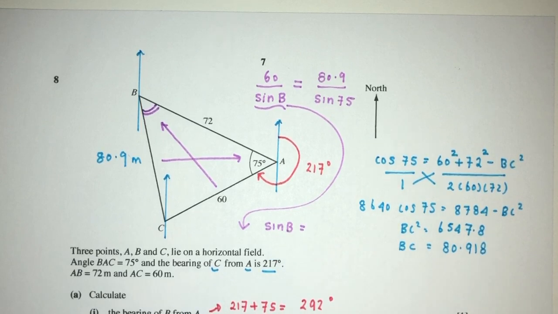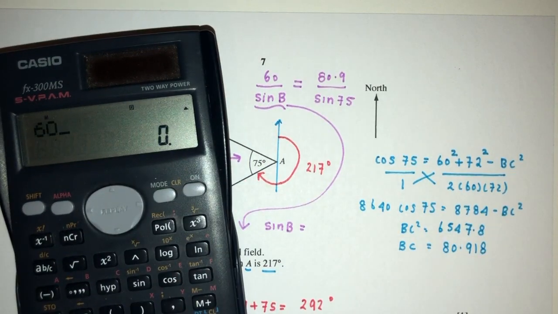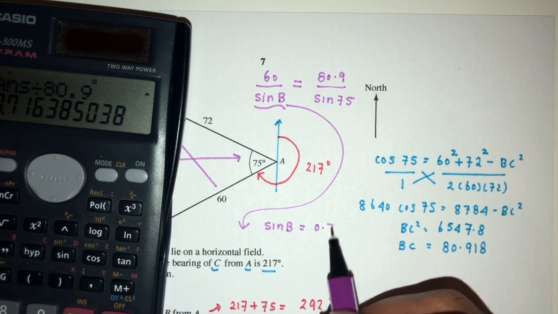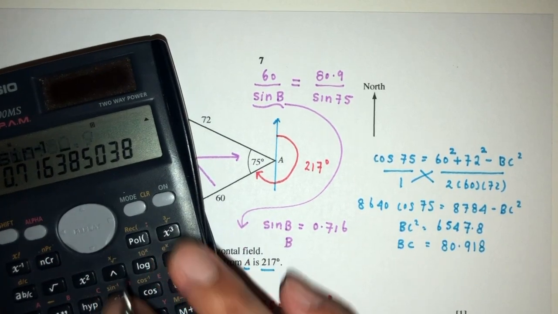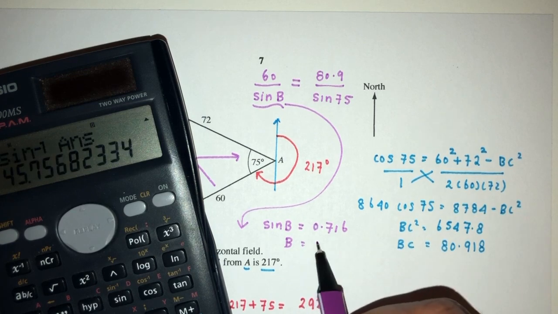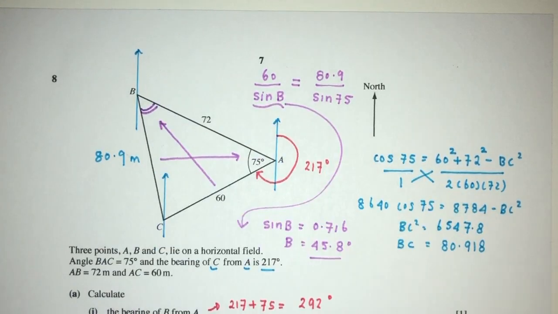So we have to cross multiply. That will become 60 sine of 75 divided by 80.9. That should be 0.716. Now B, that will be sine inverse of that. That will be 45.8 degrees. That will be the angle of B here, 45.8.